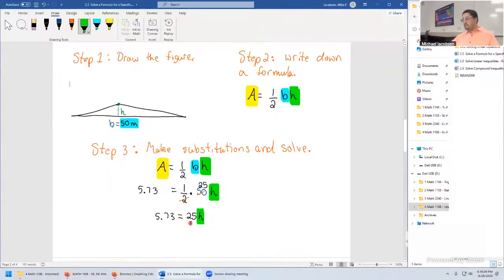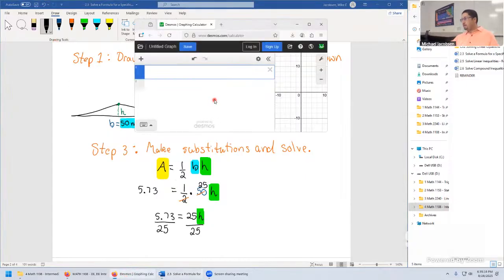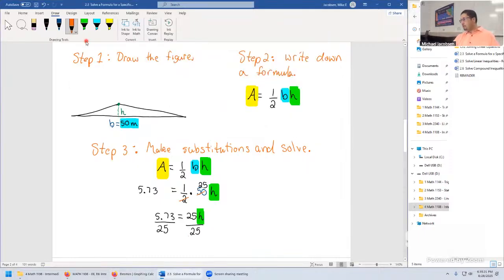So next step in solving this, just divide by 25. And now we're going to cite our calculator. Well, we already know the right-hand side is done. 25 goes into 25 evenly, so it's just h left over.